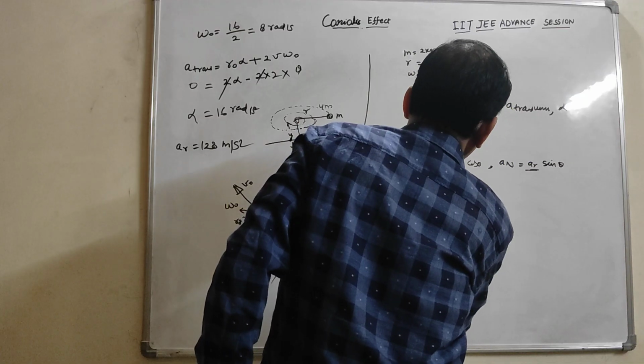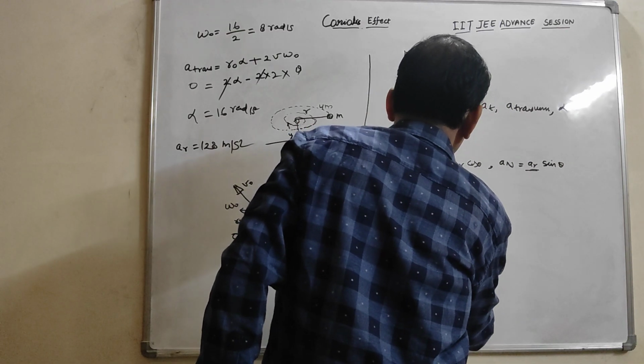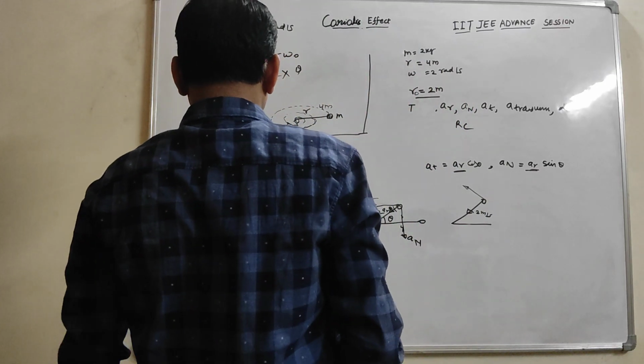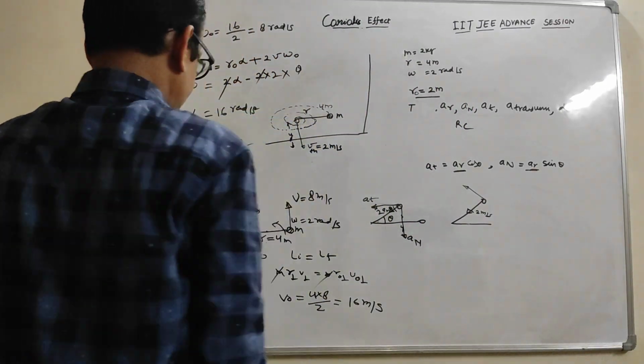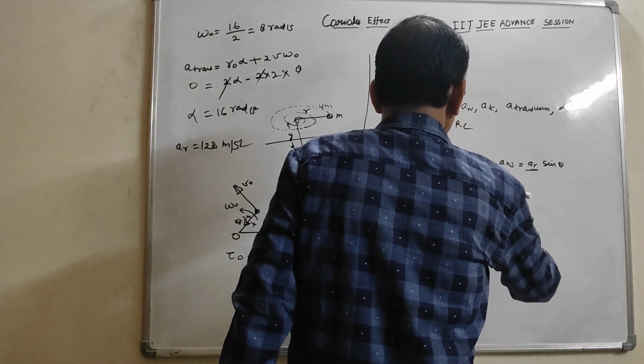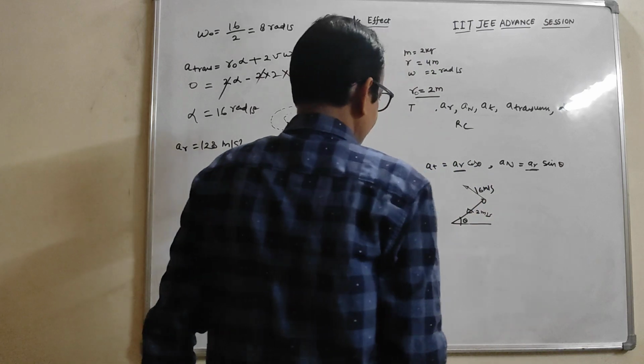The perpendicular component of the velocity is 2 meter per second. This velocity is 16 meter per second. This angle is theta.